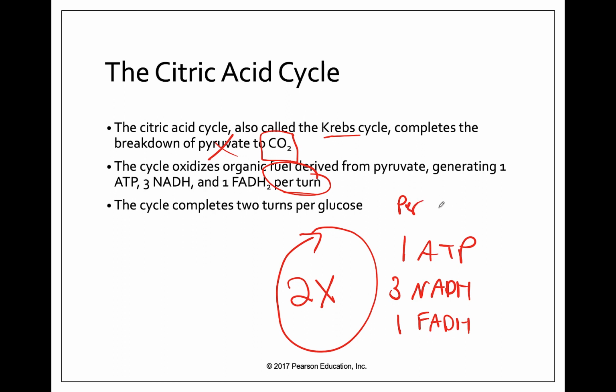So per glucose, we're actually going to make 2 ATPs, 6 NADH, and 2 FADH2. So this is just straight up energy. We know what ATP does. And these are going to be storing energy for later so that when we get to the electron transport chain, we can pull ATPs out of that chemical stored energy.